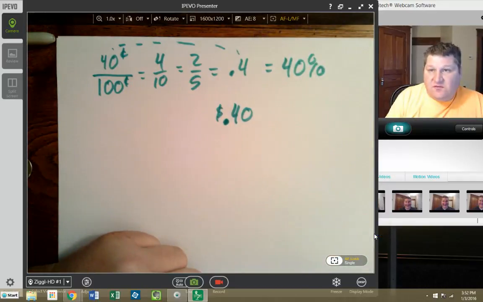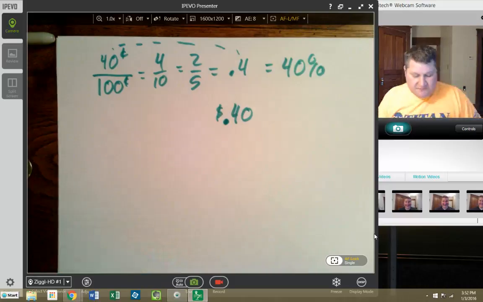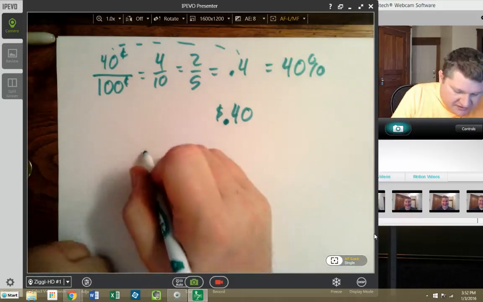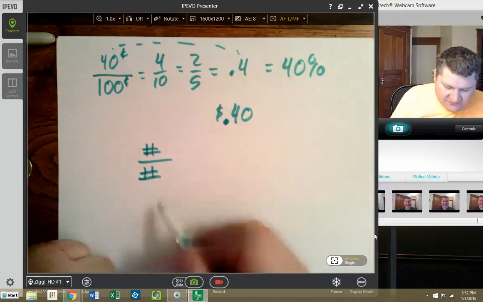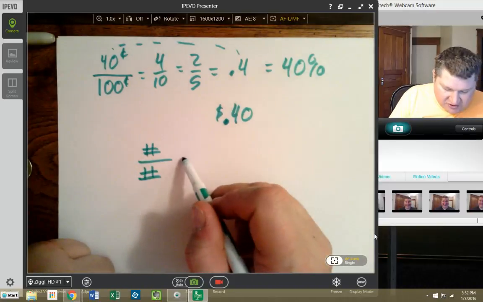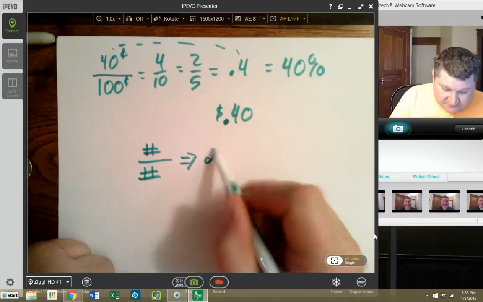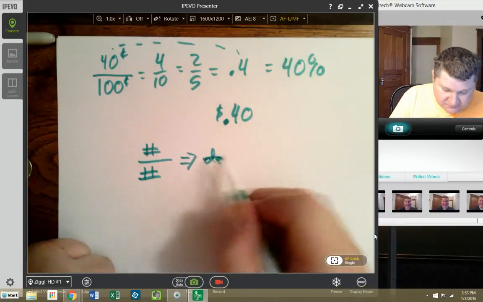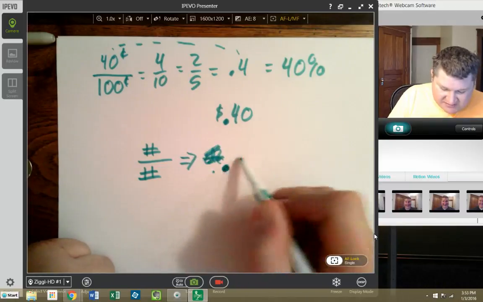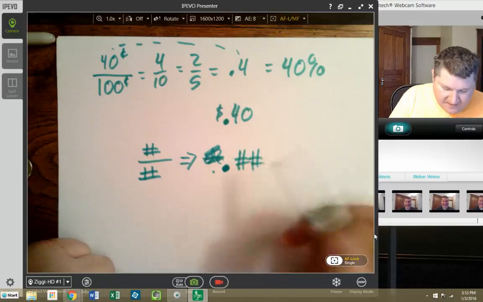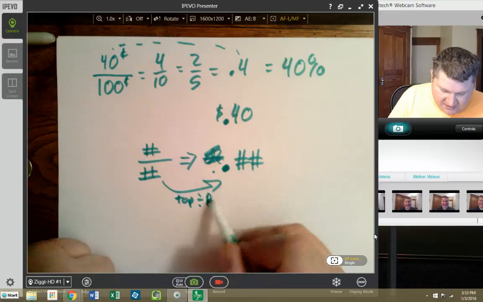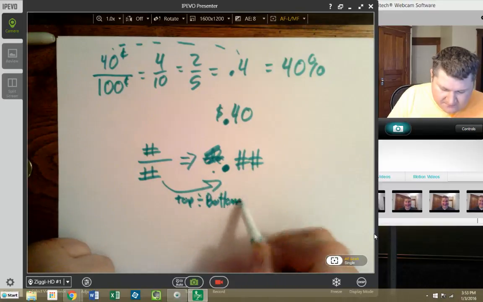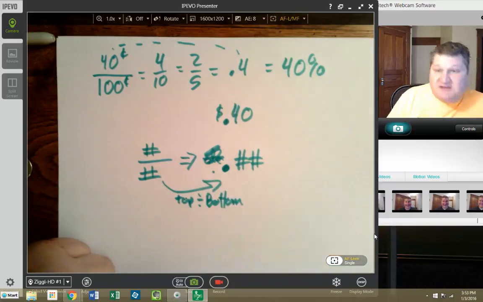So what we can do is we can turn that into a percent, and that is 40%. Now, what we can do is to do a fraction. If I know the fraction, I need to be able to turn it into a decimal. To do that, I simply take top divided by bottom, and that gives me a decimal.